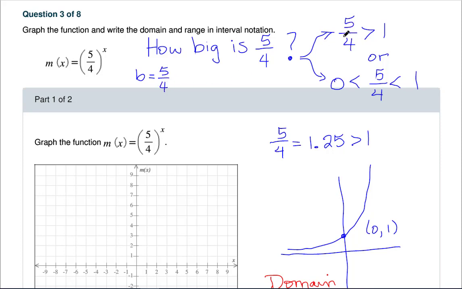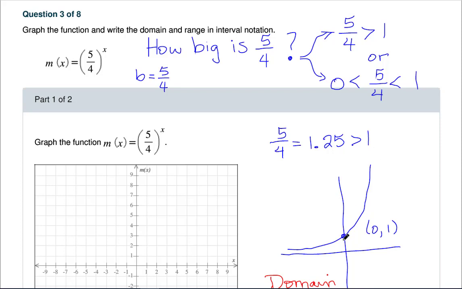Is that number bigger than 1? Or is that number a fraction between 0 and 1? Well, 5/4 is 1.25. That's bigger than 1. So it's going to have that particular shape for when b is bigger than 1.